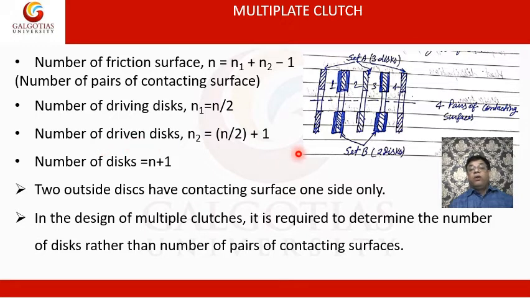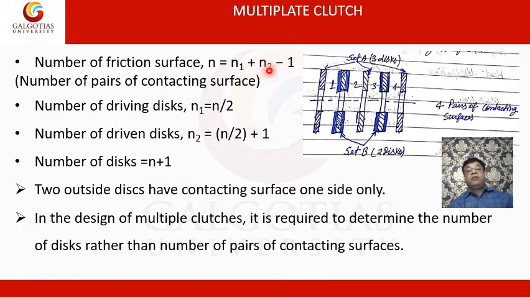So we want to transmit the torque from these two discs, which are mounted on the driving shaft, to these three discs, which are mounted on the driven shaft. So in this way we can calculate the number of pairs of contact, number of driving discs, number of driven discs, then the total number of discs.